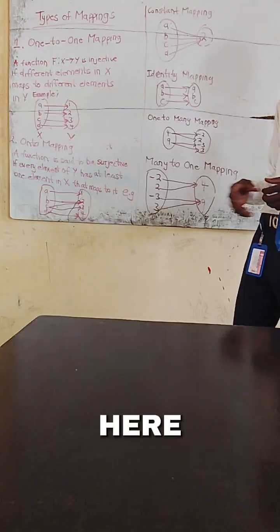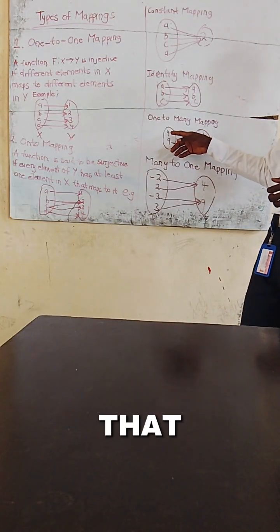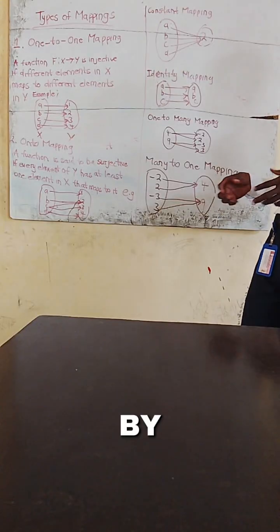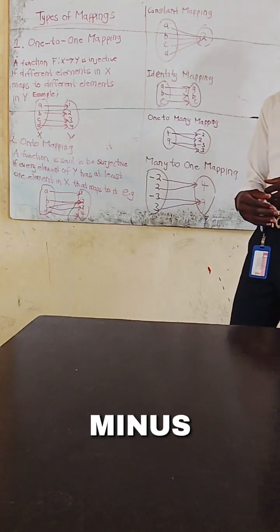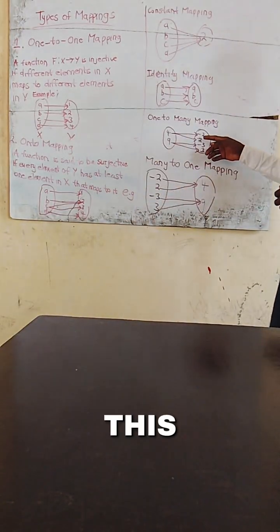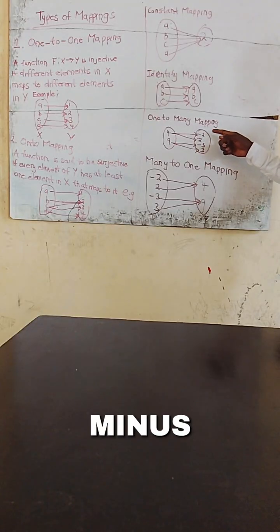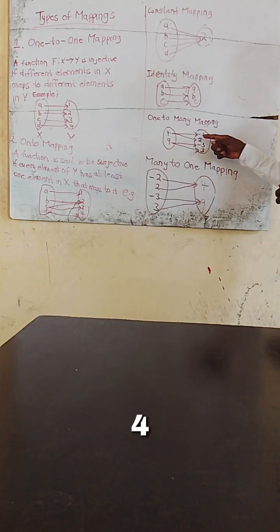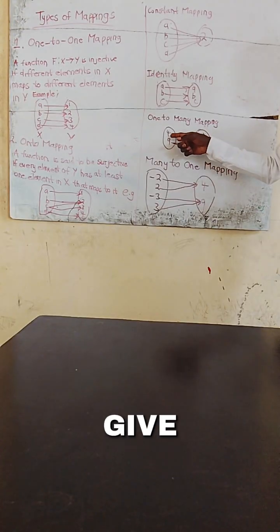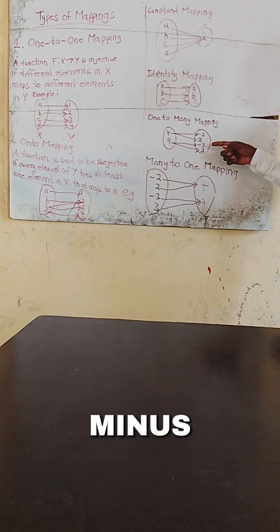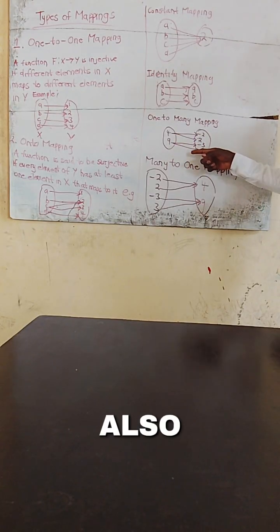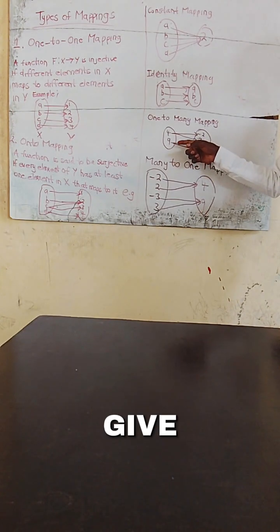But 4 can not only be gotten by 2 times 2, it can also be gotten in a negative way, which is minus 2 times minus 2. So minus 2 times minus 2 will give you 4, and 2 times 2 will also give you 4. Likewise 9: minus 3 times minus 3 will give you 9, and 3 times 3 will also give you 9.